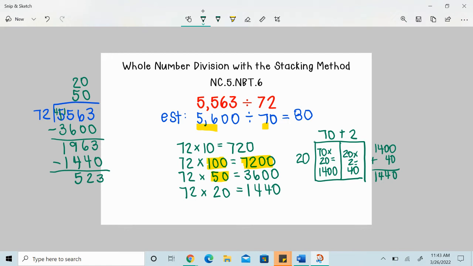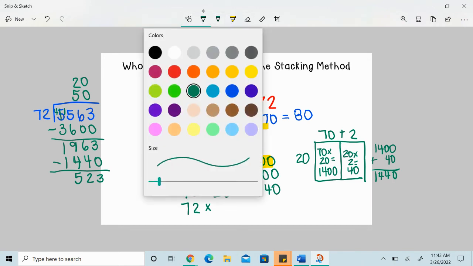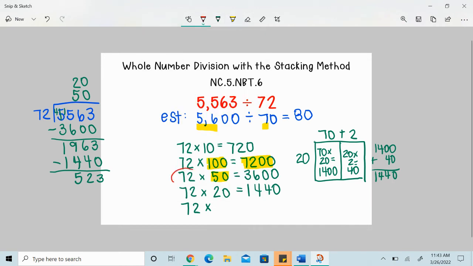I now have 523 left to divide by 72. I recognize that 72 times 10 would be too much. And so I could start to work out 72 times lots of single digit numbers, or I could use my list to help me. If I look here, I see that previously I tried 72 times 50, and that gave me 3,600.